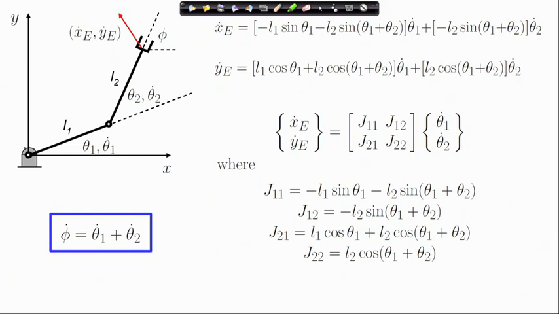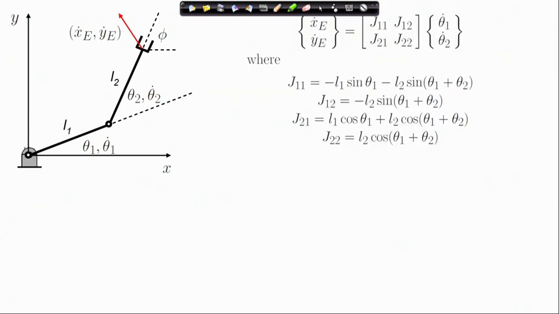This relation follows by time differentiating the orientation relation. So, you have this phi dot as the sum of the joint velocities. So, we have related these velocity vectors now in terms of the Jacobian.